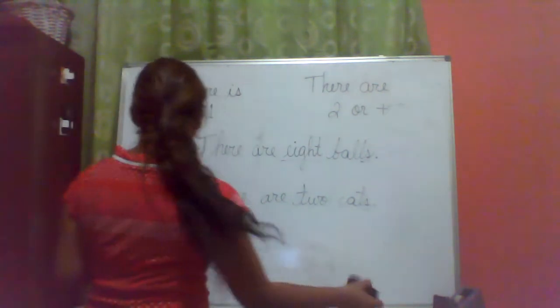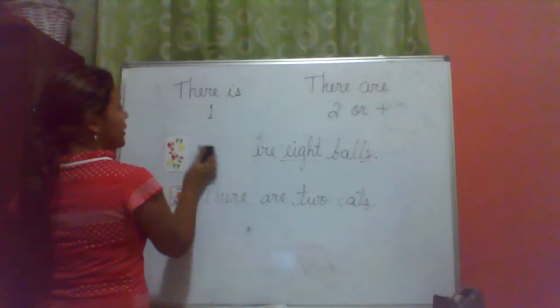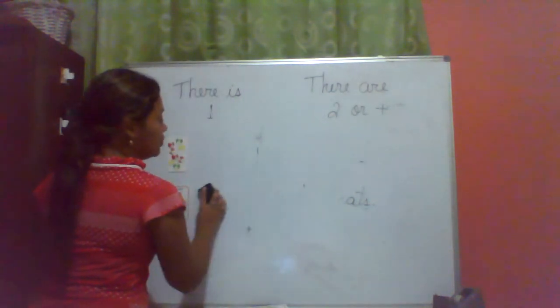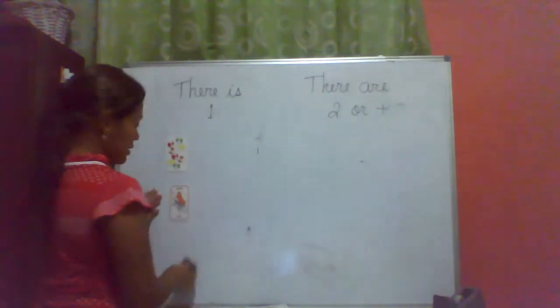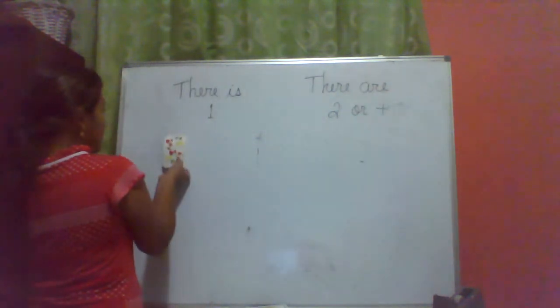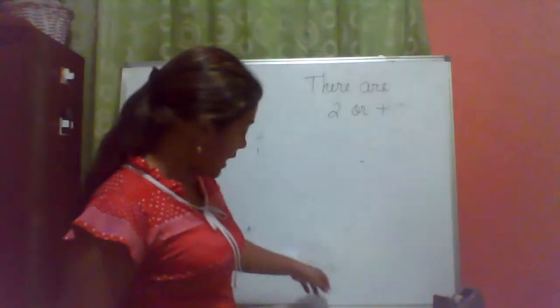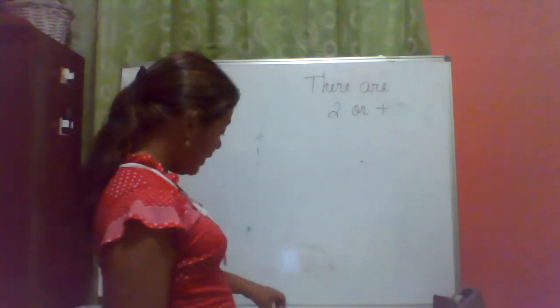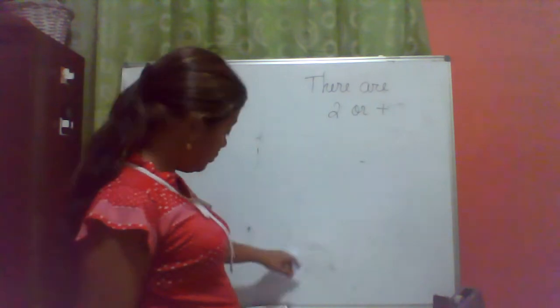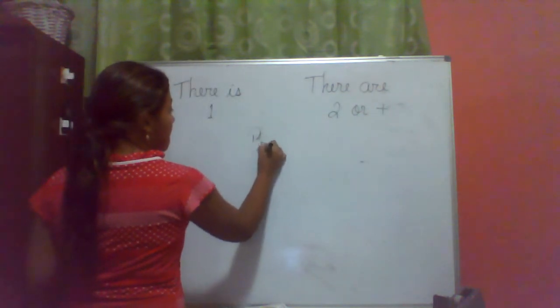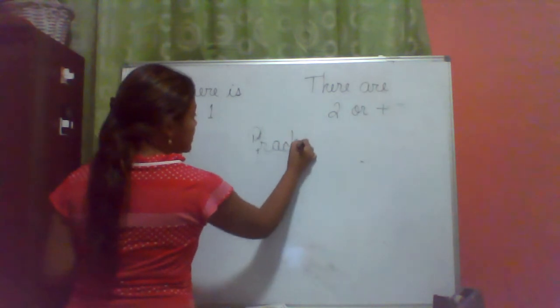Now, you are going to write sentences in your notebook using there is and there are. Okay? Let's practice. Please copy this in your notebook. And now you copy. Practice.